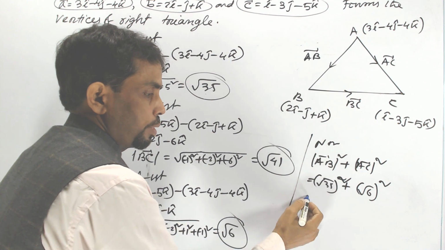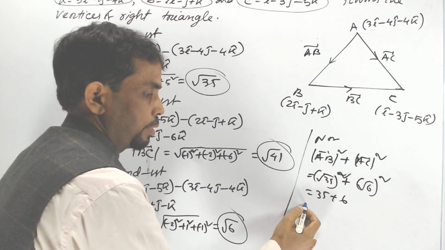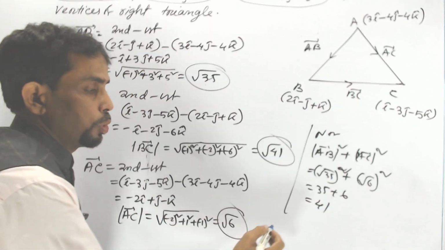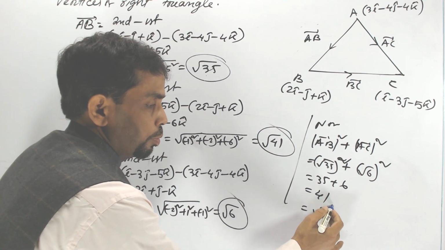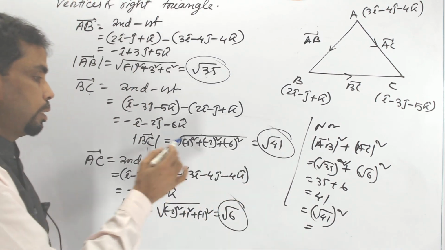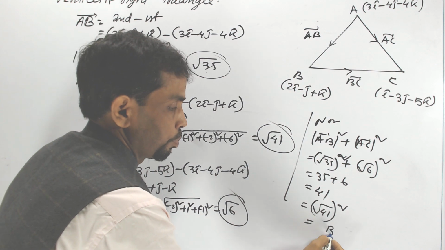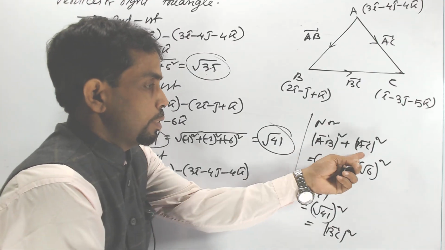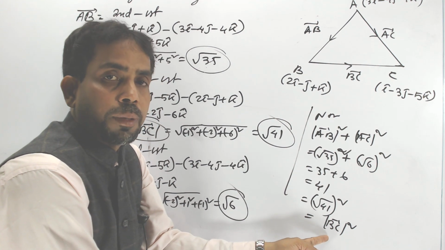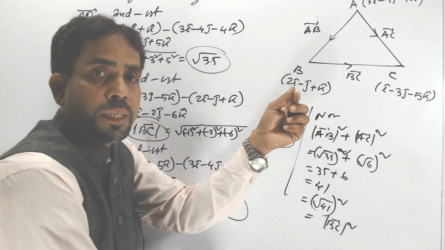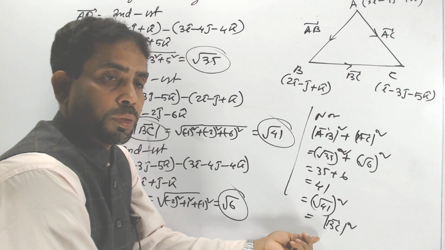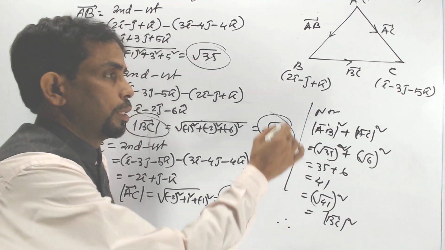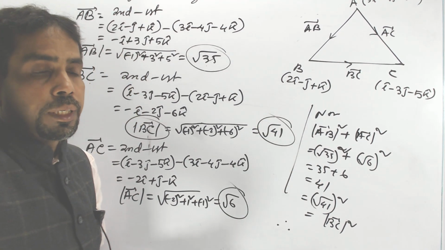Square and root will get cancelled, so it will be 35 plus 6. 35 plus 6 is 41, which can be written as square root of 41 square. That means it is the third side BC magnitude square. See, AB square plus AC square is equal to BC square, which is the Pythagoras theorem. That means the three sides of the triangle satisfy the Pythagoras theorem, and therefore we will say the triangle is a right angle triangle.